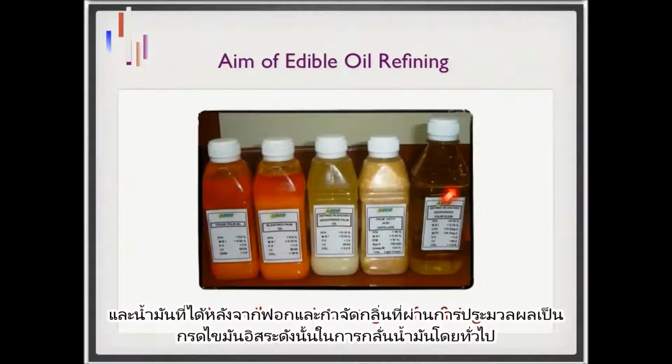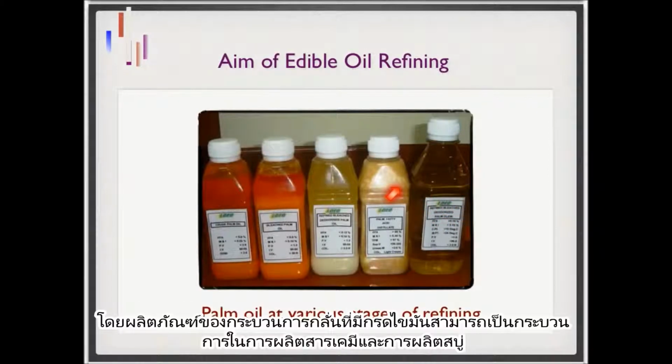And this one is actually the oil after bleaching and after the deodorization process to remove as much as possible the color and the free fatty acid. So this is basically the refined oil, and this is actually the byproduct of the refining process, which is the fatty acid distillate, which can be processed further to produce other oleochemicals and to produce soap.